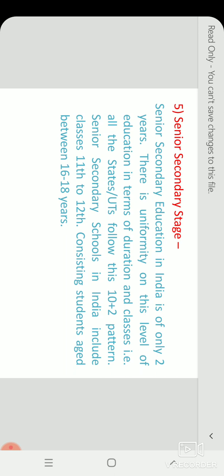Students' age is between 16 to 18 years. At this level of education, students have the freedom to choose their preferred stream and subjects. The schools which provide education up till 12th standard are commonly known as senior secondary schools or higher secondary schools.